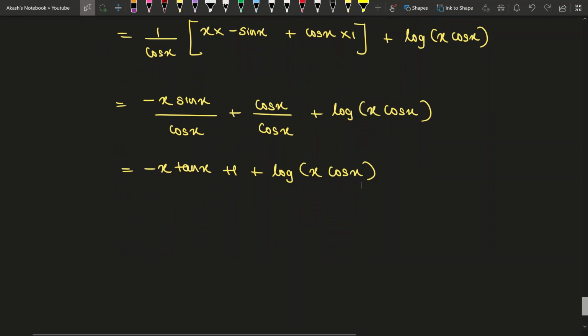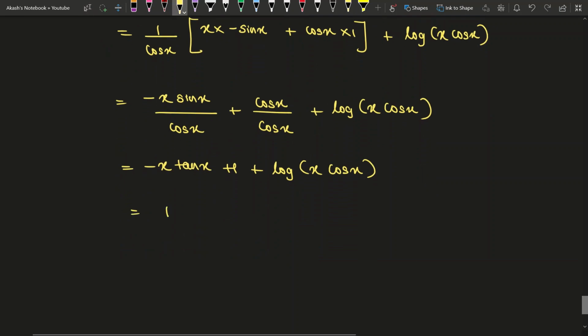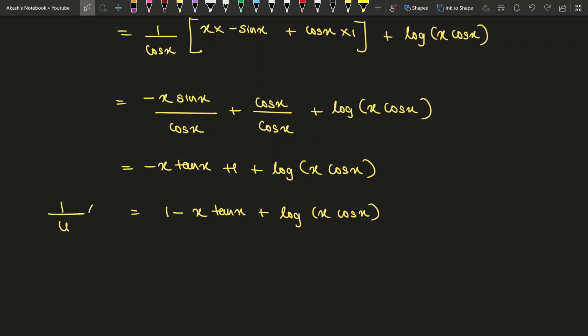So if you simplify it, you can write it as 1 minus x tan x plus logarithm of x cos x. What is this? This is nothing but equal to 1 by u into du by dx.